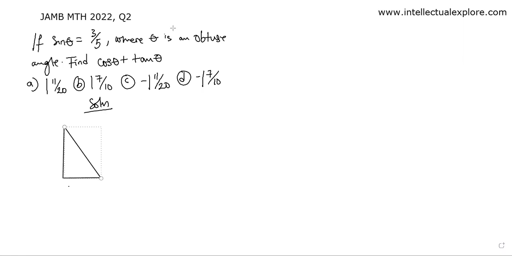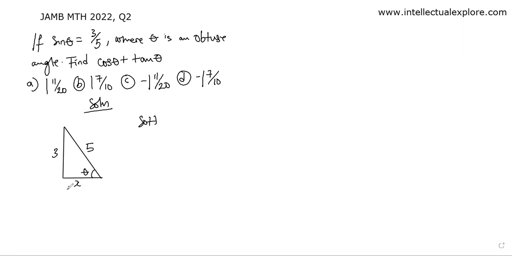Okay, that is it. So if this place is your theta, SOHCAHTOA, sine is opposite over hypotenuse, opposite, which is 3 here, hypotenuse 5 here. So we're going to call this place X.